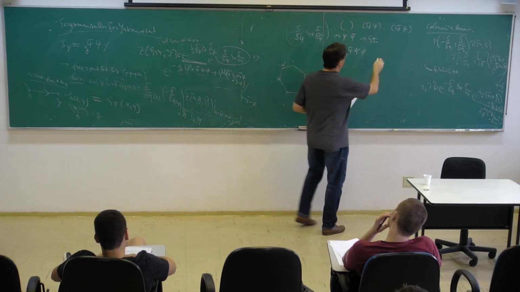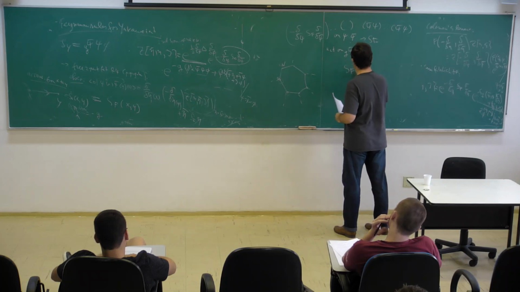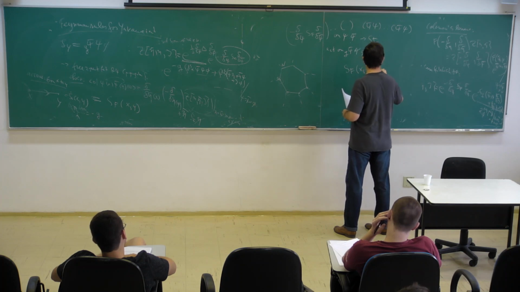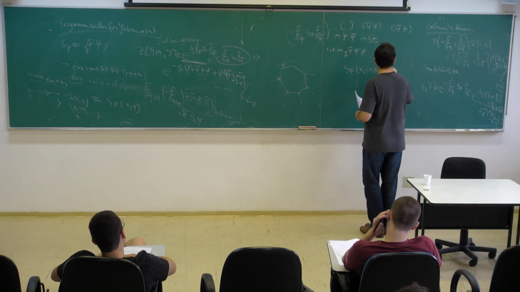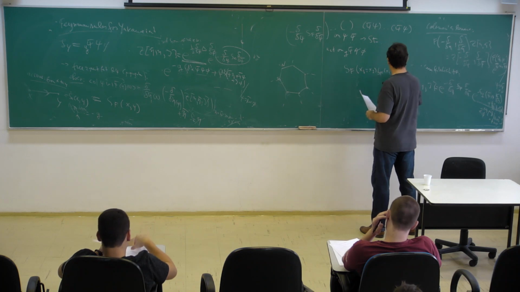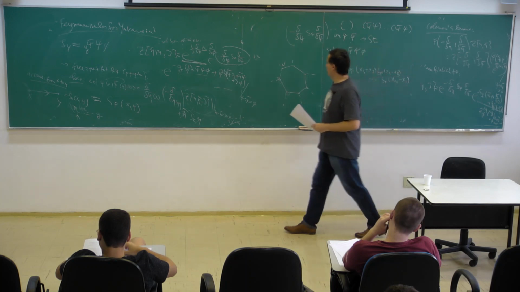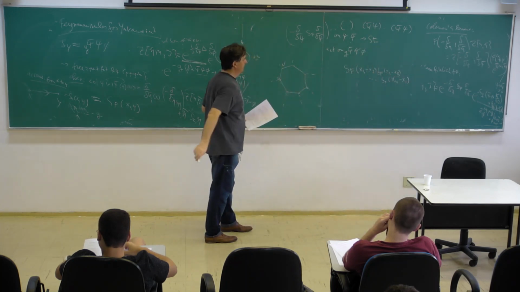Then I will get SF x1 minus x2, SF x2 minus x1, next x3 until SF, let's say, xn minus x1. Okay, that's my loop.